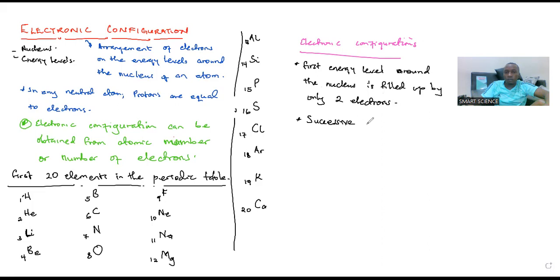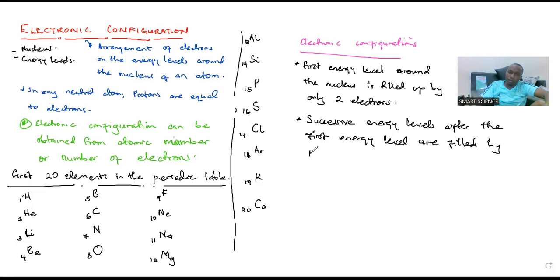Successive energy levels after the first energy level are filled up by a maximum of 8 electrons. They cannot exceed 8 on one energy level.